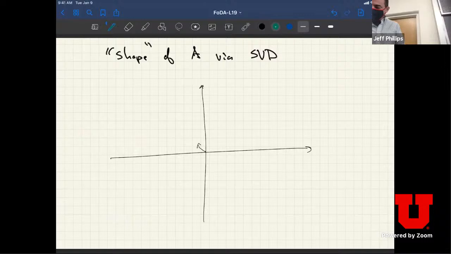We're going to get some data points. Each of these is going to be a_i, a row of A, and I can draw it in this d-dimensional space.